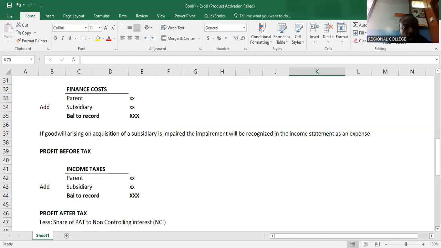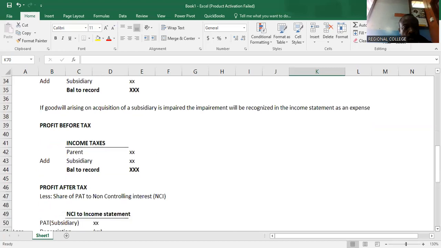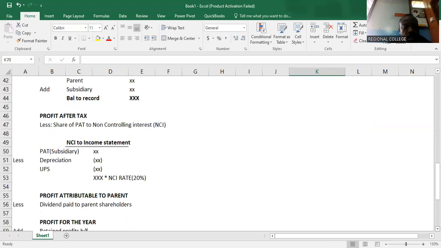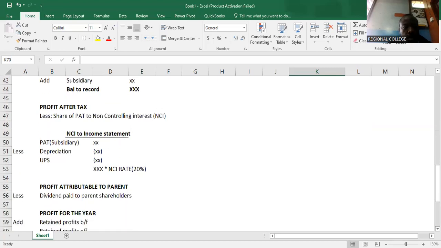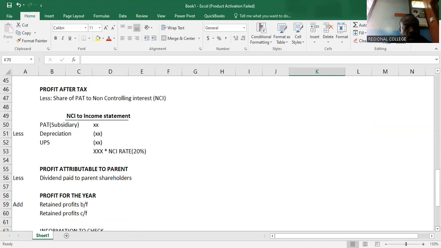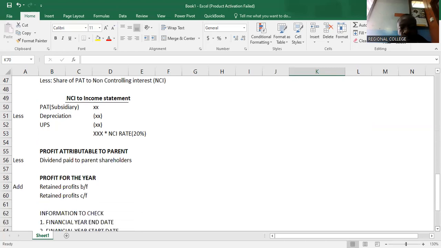Then you get your profit before tax. Then profit after tax, remember to share the portion to the NCI by taking their profit after tax. You check the depreciation, deduct the UPS, whatever remains, you share with the percentage of whatever they are controlling.